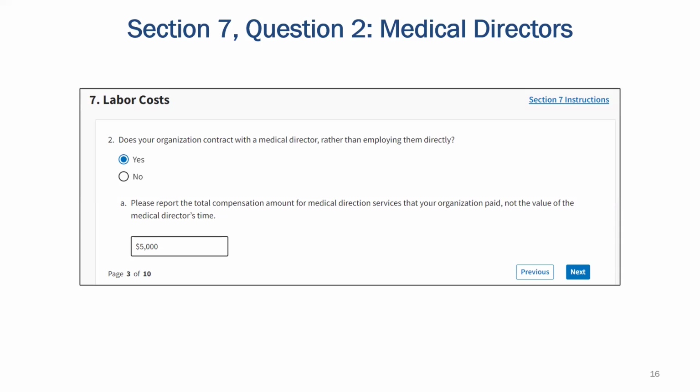So if that applies to your organization, you don't employ a medical director directly, but you do think of them as a kind of contracted individual staff member, then you can report that here.